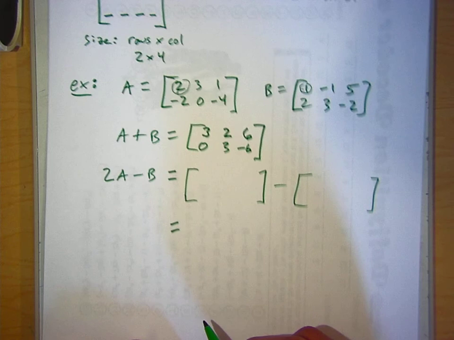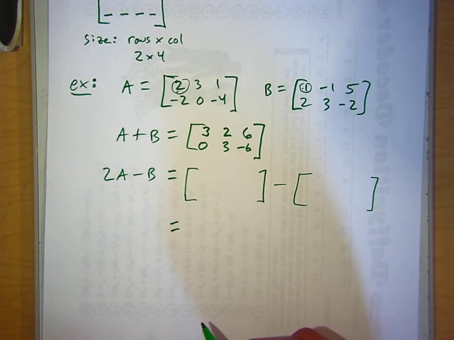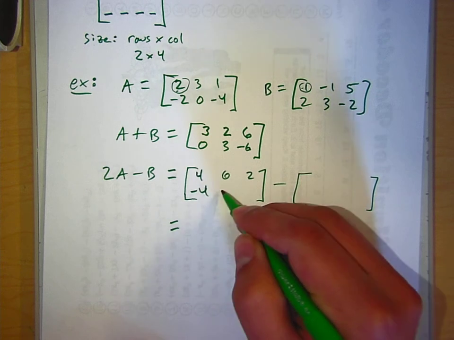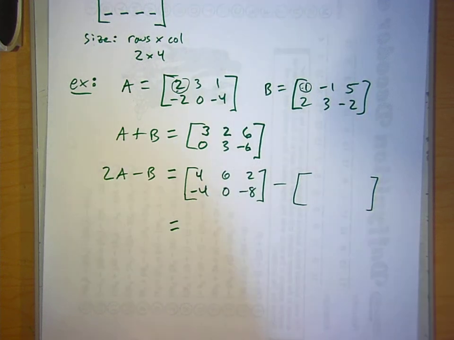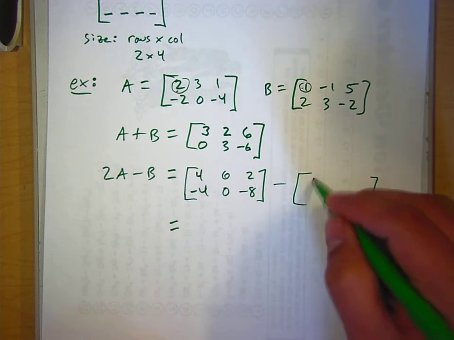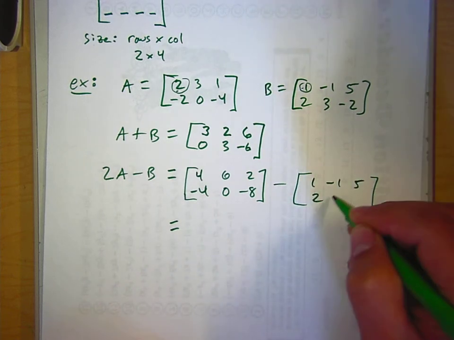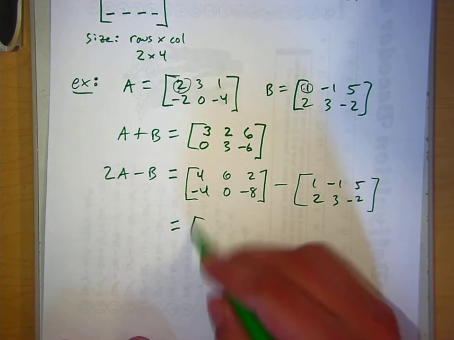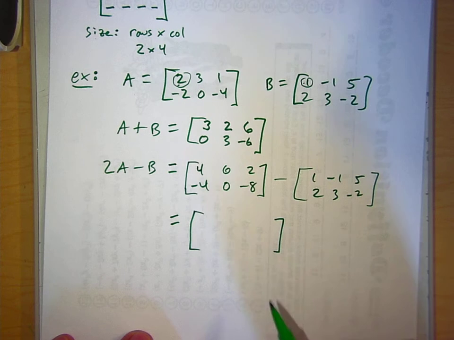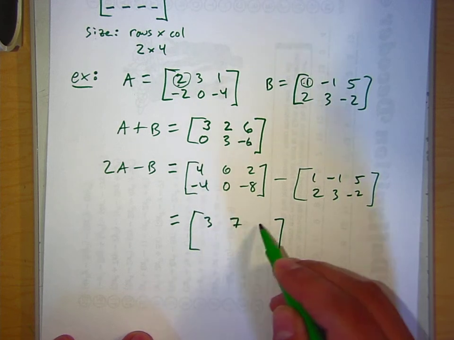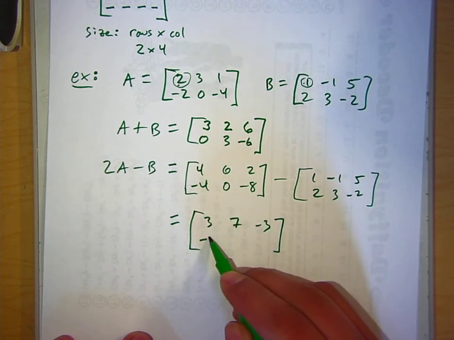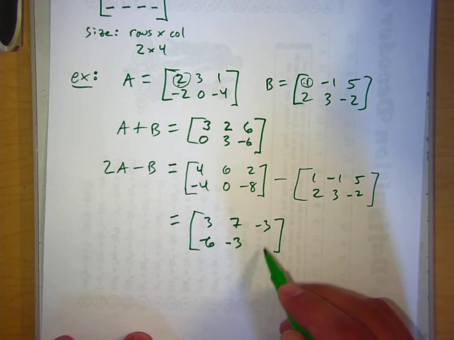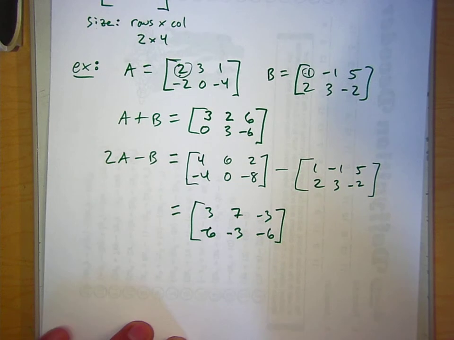Right, so what do you do first? So we double A, so 4, 6, 2, -4, 0, -8. B is going to stay the same, right? Now we just subtract. So what should our final matrix be? -6, careful. Good.